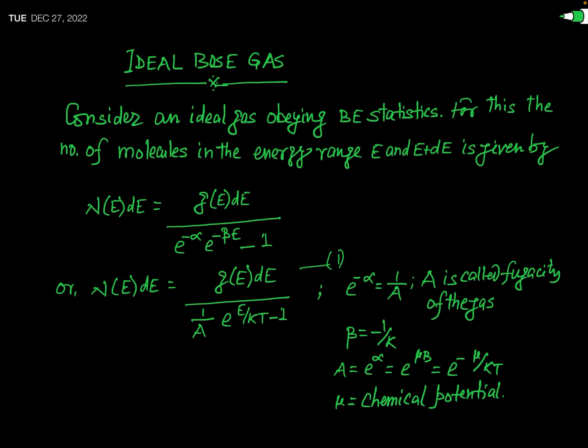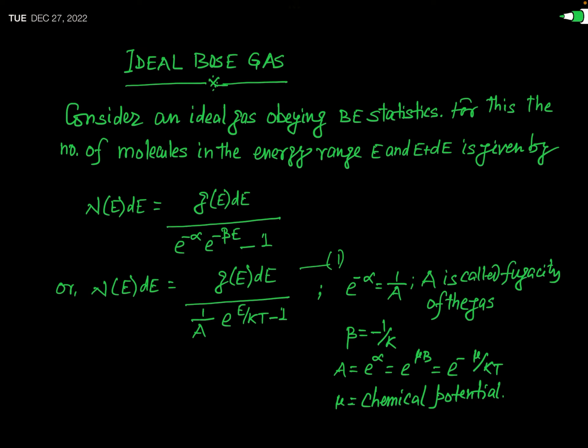So let us start from the Bose-Einstein distribution law and try to find what is the energy of this Bose gas and also what will be the equation of state of that gas.